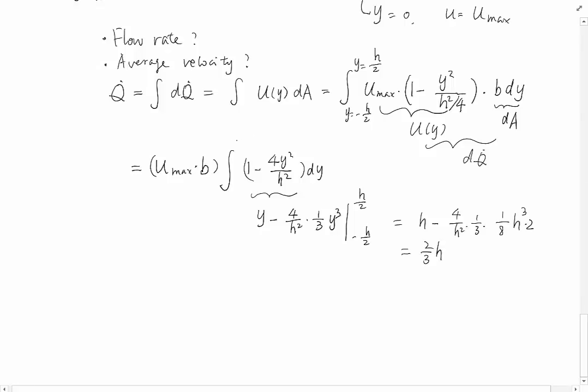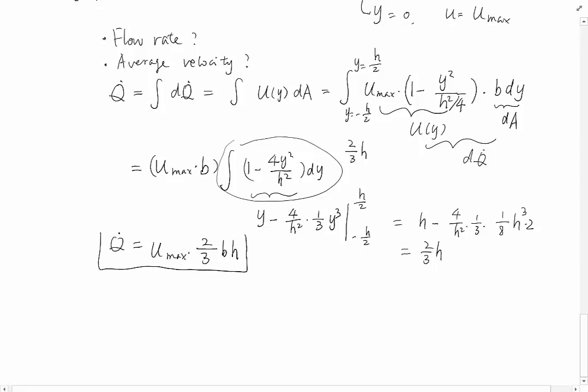So this integral is 2/3 of h. Therefore, the flow rate is 2/3 Umax BH. So this is our flow rate. And again, if we check the unit, it's velocity times area here, and that's going to give us the unit of flow rate.